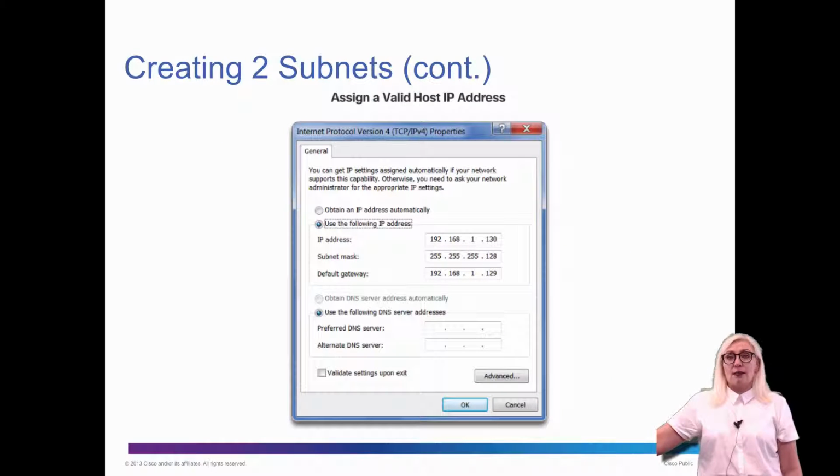And then, of course, I give my computers also an IP address in each range. And the subnet mask is, of course, extremely important. Also, it's important that I have the same subnet mask on all of my devices in the same network. Cannot have different masks within the same network.